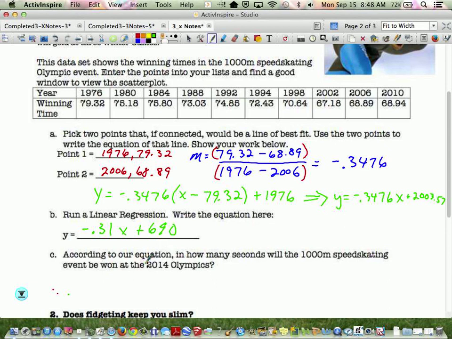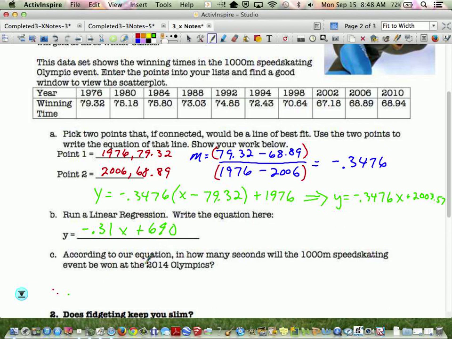These calculations are correct. According to the equation, how many seconds will the 1,000 meter speed skating event be won at in the 2014 Olympics? So you can pick either one of those equations to type in 2014. Depending on which one you use, you're going to get different answers, correct?